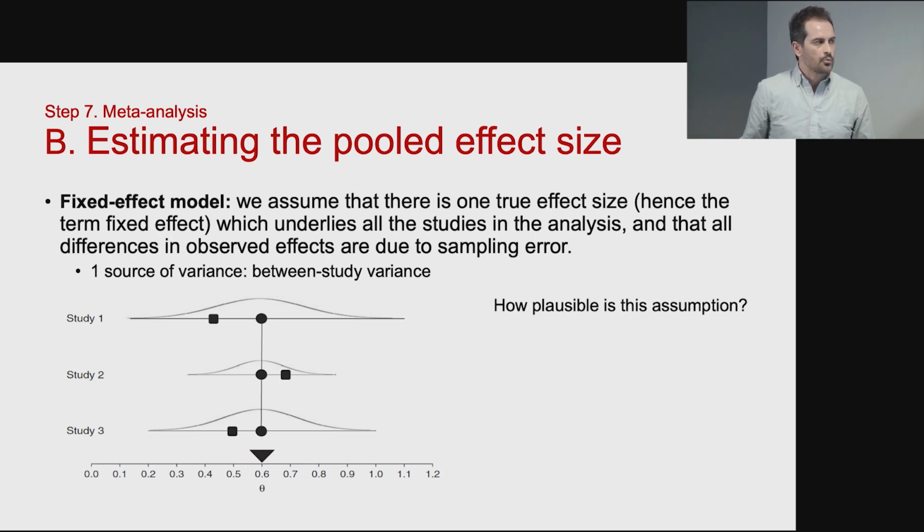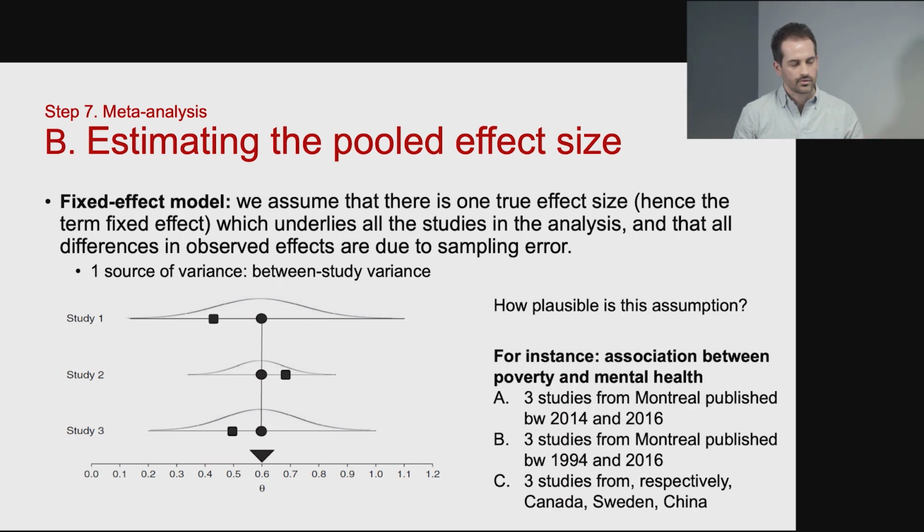I want to ask: how plausible is this assumption? So let's think about three cases. Now, we want to study the association between poverty and mental health. First case, we have 3 studies from Montreal, for example, published between 2014 and 2016. We may assume that those studies measure the same things, and the differences are just because of errors, because in Montreal between 2014 and 2016, maybe the policy has not changed as much.